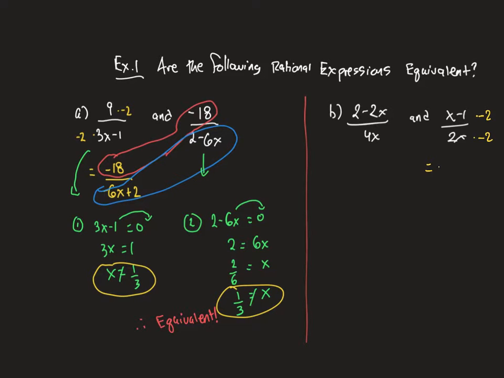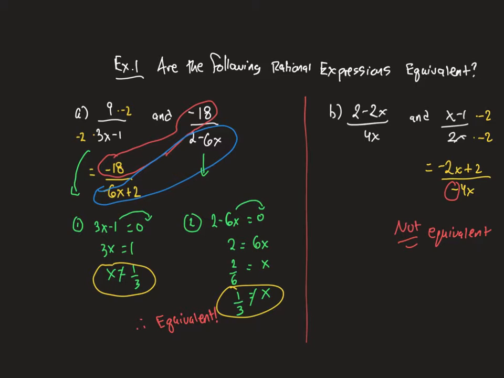That's going to give me negative 2x plus 2 divided by negative 4x. Now, here is the problem. I've got a negative here. I do not have a negative here. So, just by looking at that, my first criteria is not met. So this is not equivalent. I don't even have to look at the restrictions.